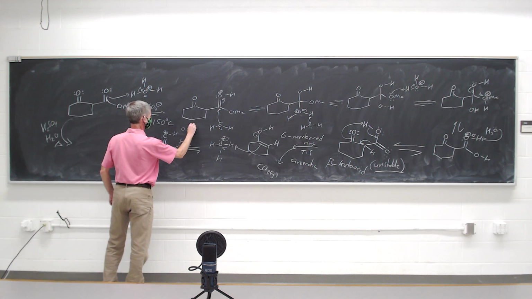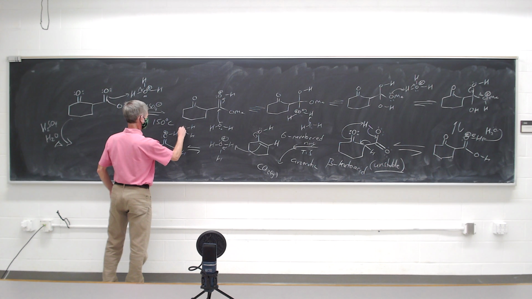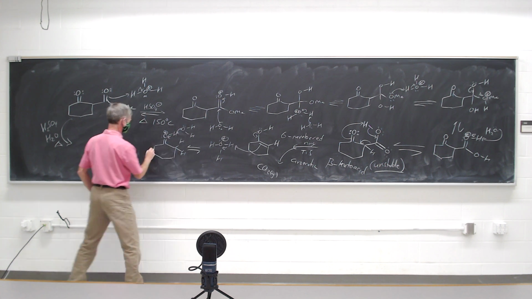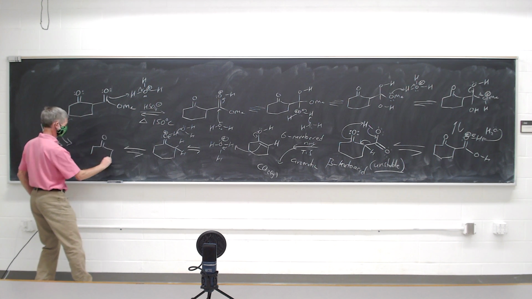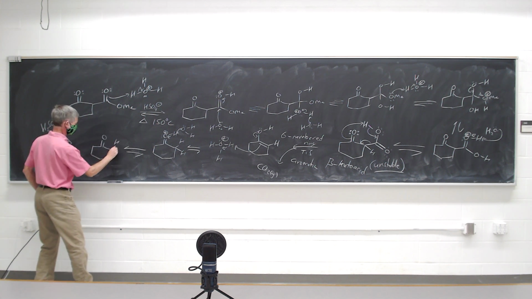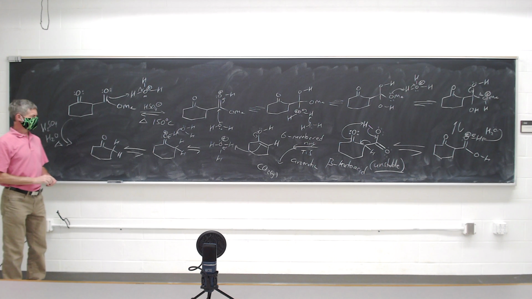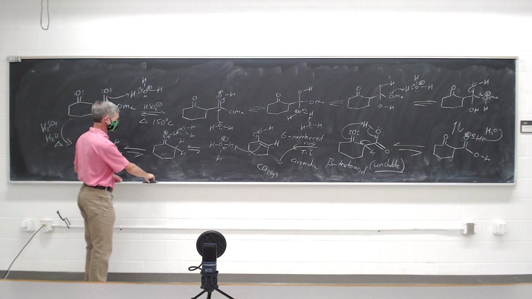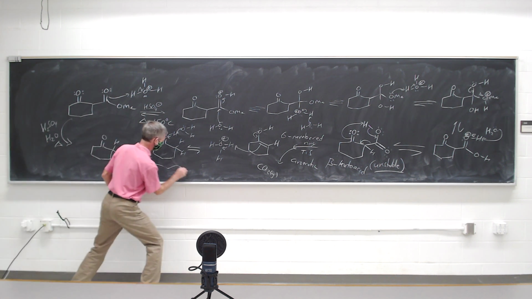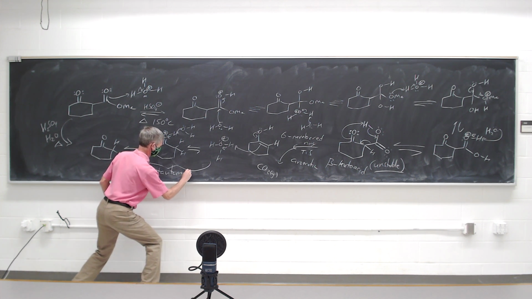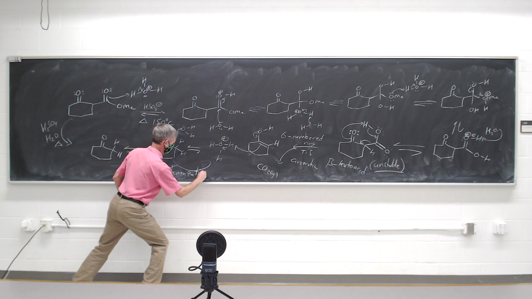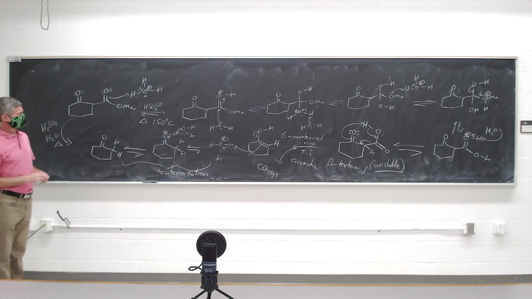Like this, right? A 2-step keto-enol tautomerization. So these last 2 steps here are the tautomerization.